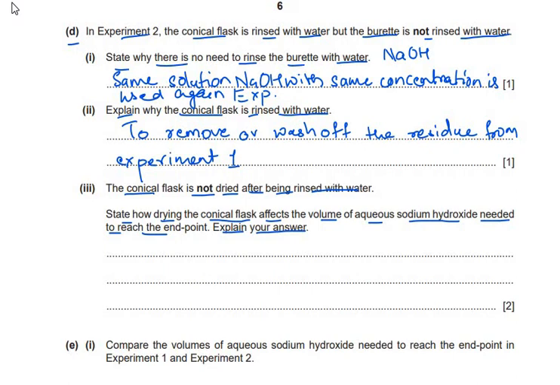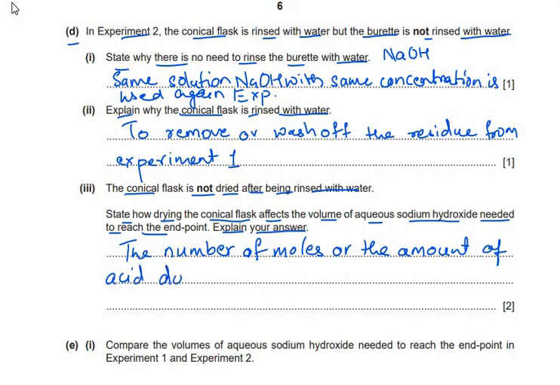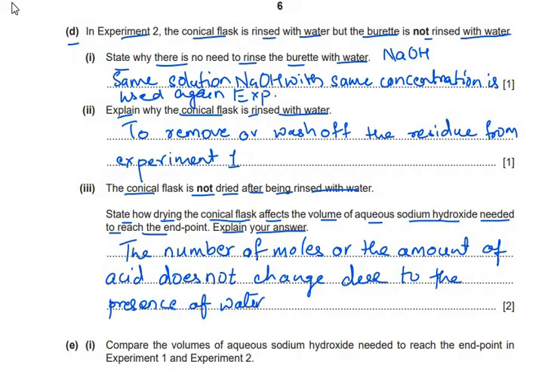In short, because we can't specify the number of molecules, we can write the number of moles, or the amount of acid does not change due to the presence of water, and that's why we don't need to dry it.